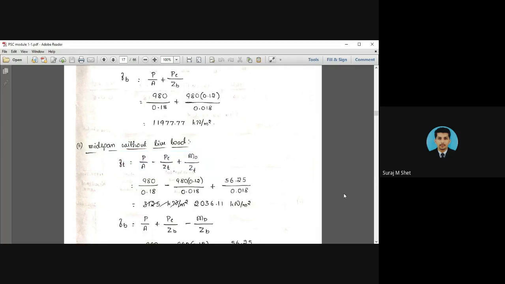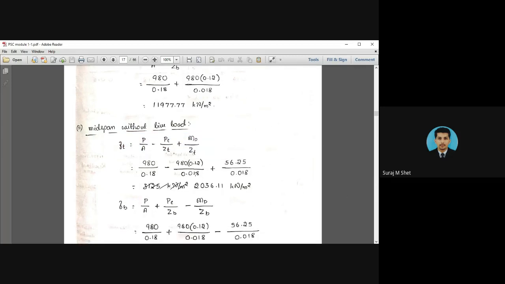Just substitute the values. Ft is equal to P by A minus PE divided by ZT plus MD divided by ZT: 980 divided by 0.18 minus 980 into 0.12 divided by 0.018 plus 56.25 divided by 0.018.